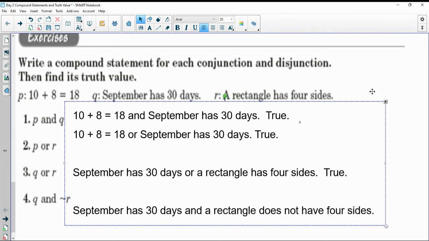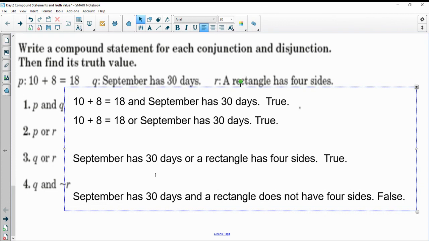Okay, and then I'm trying to find the truth value. And means that both this and that have to be true for it to work. So September has 30 days, true. Rectangle does not have 4 sides is false. So for an and statement, if both of them aren't true, then that makes it false.